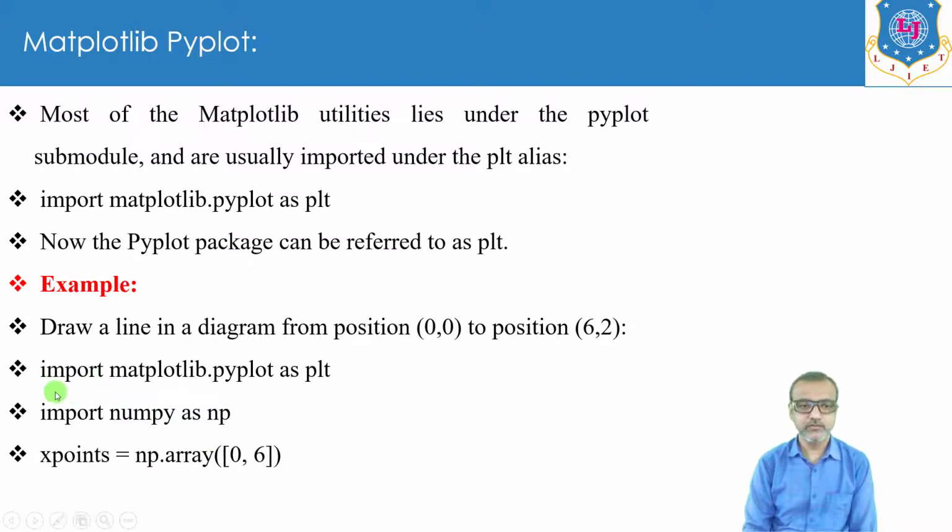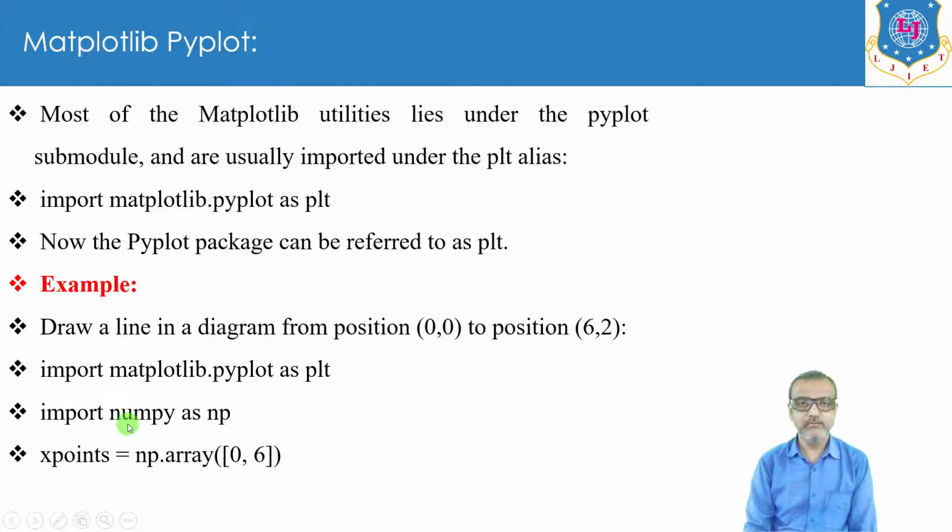First of all, we will write import matplotlib.pyplot as plt, because most of the functions of Matplotlib lie under pyplot. Whenever we write programs related to Matplotlib, we will compulsorily write this statement. Then after, we will import another module called numpy, that is import numpy as np.